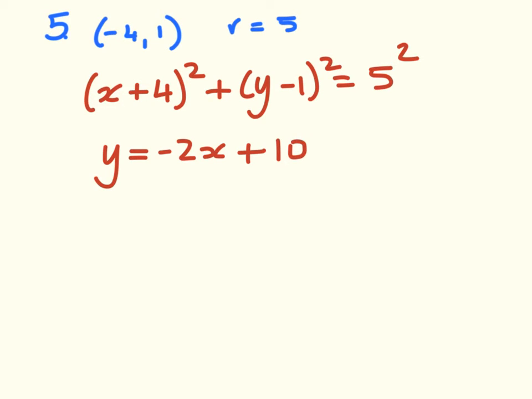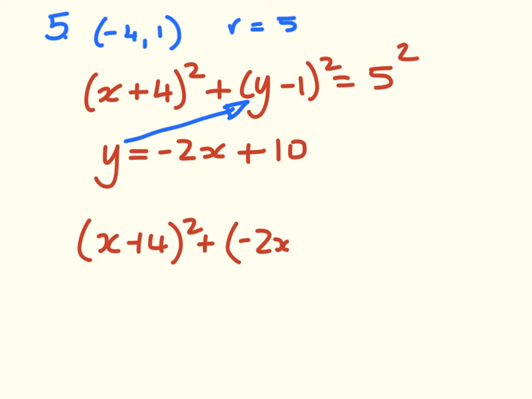Now, if we're trying to work out where a circle and a line intersect, we need to substitute the line into the circle. So we're going to put y in here. So you're going to end up with x plus 1 squared plus minus 2x plus 10 take away 4 squared equals 5 squared.